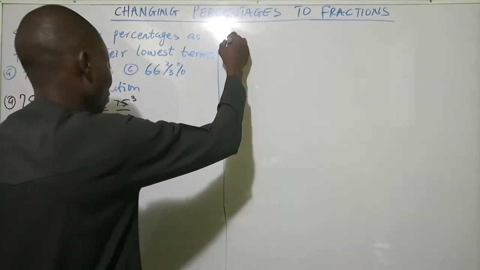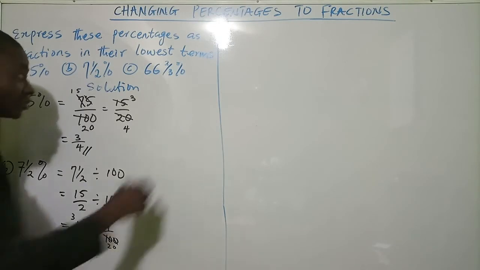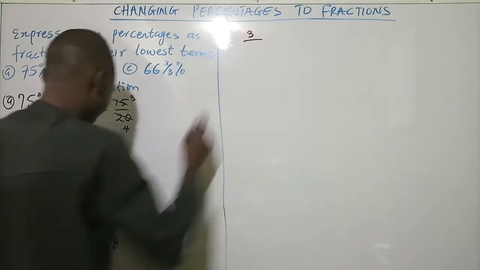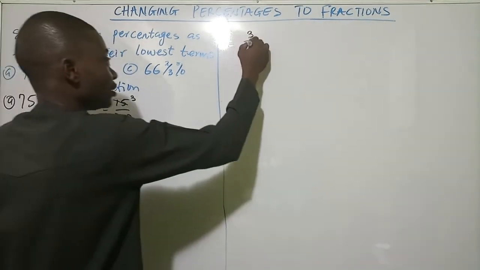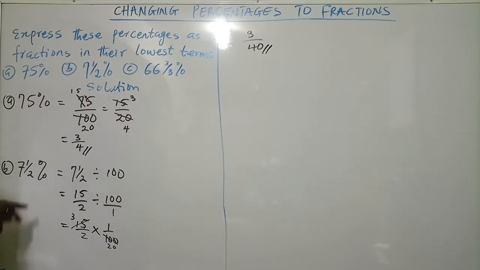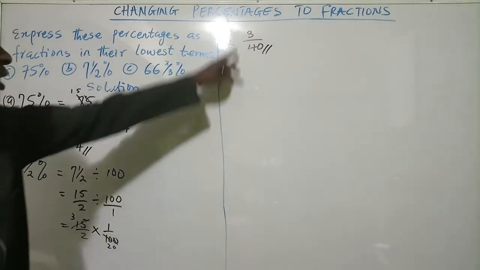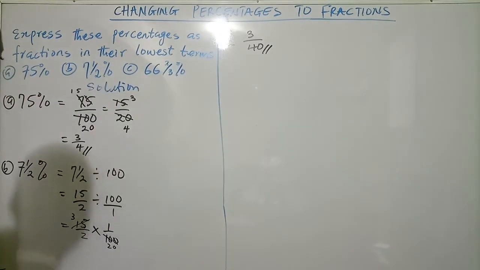So this equals, you now multiply, 3 times 1 is 3, and 2 times 20 is 40. That is our answer. So we have successfully reduced 7 and 1 over 2% to a fraction in its lowest term as 3 over 40.